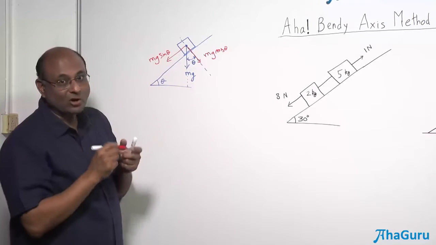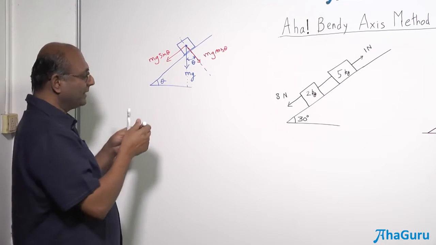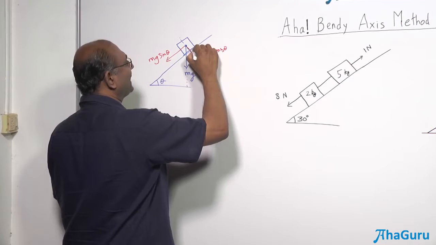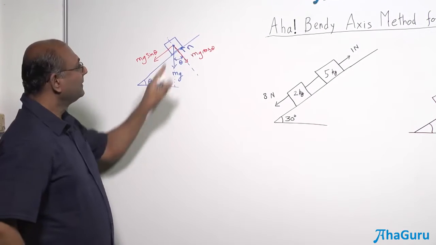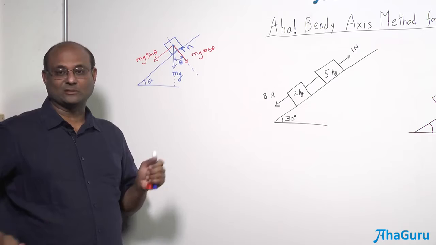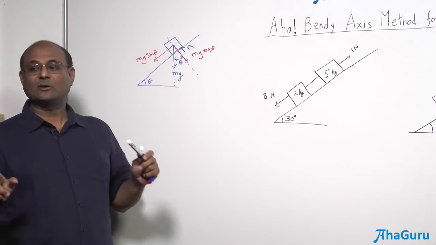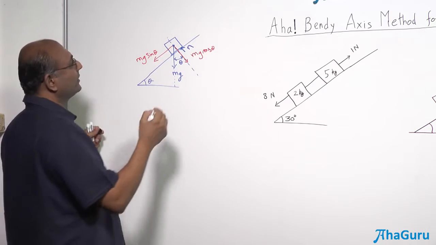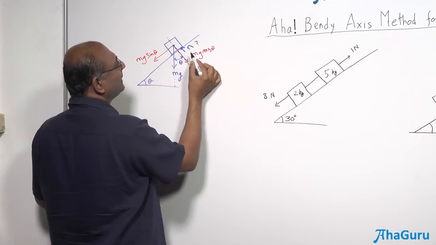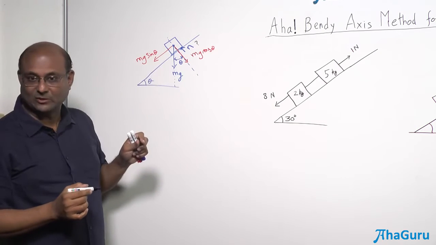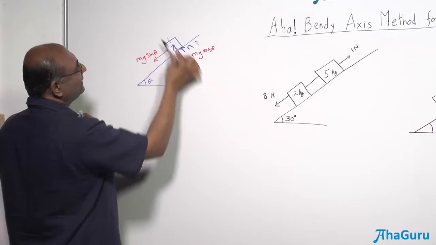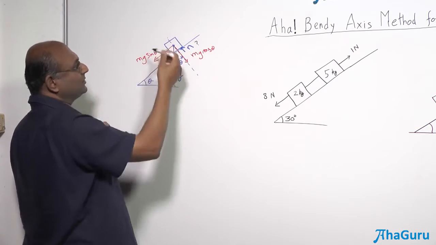Now if you're looking at the normal force, it is going to act like this. And often what happens is, people assume normal force is mg cos theta. It may be mg cos theta, may not be. In this case, if there was no other force acting on it, it is mg cos theta. Why? Because the net force in this direction, N minus mg cos theta, is 0.